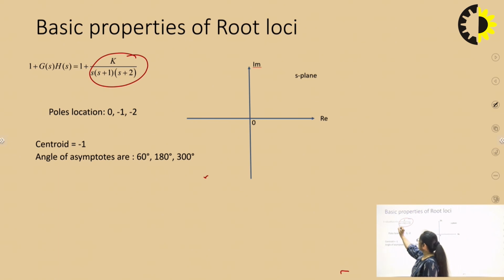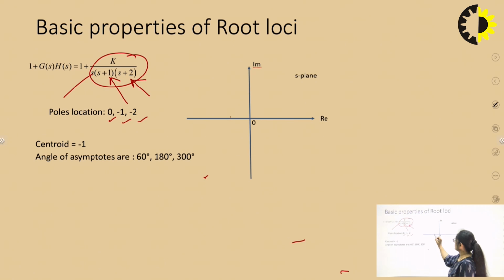So we have one pole at the origin, another real pole at -1, and another real pole at -2. So the pole locations are 0, -1 and -2. So we have 3 poles here.